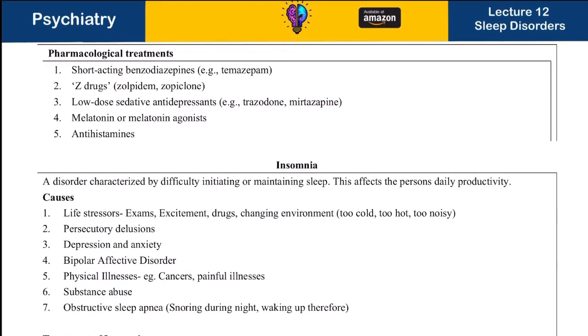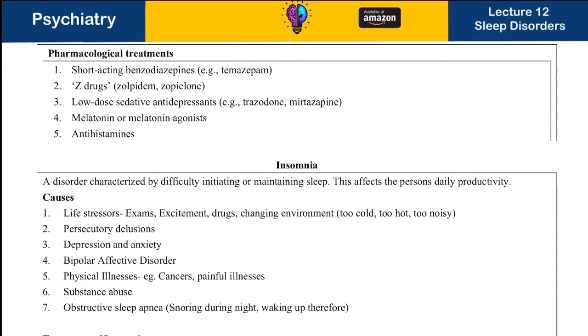Before we go into insomnia, there are some pharmacological treatments, such as short-acting benzodiazepines, such as temazepam. These can be given to induce a person to go to sleep. But the problem is, benzodiazepines will cause the person to be groggy the next day. Then the Z drugs, zolpidem, zopiclone, these drugs were created.